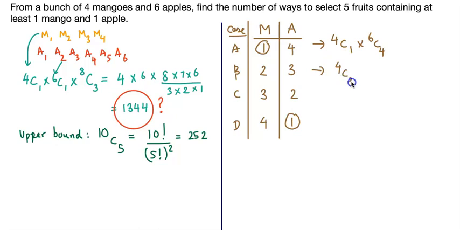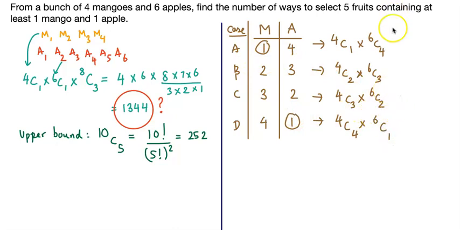So 4C2 times 6C3. Case C, you want to pick 3 mangoes from 4 and 2 apples from 6, 6C2. And case D, you want to pick 4 mangoes from 4 mangoes, and there's only one way to do that, and you want to pick 1 apple from 6.